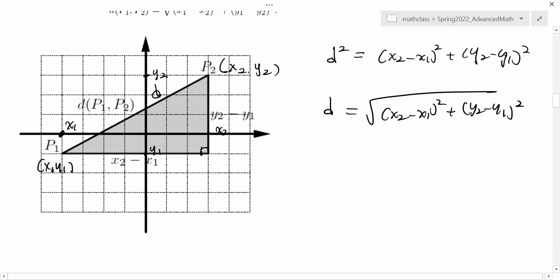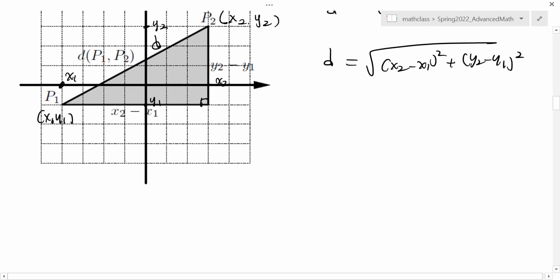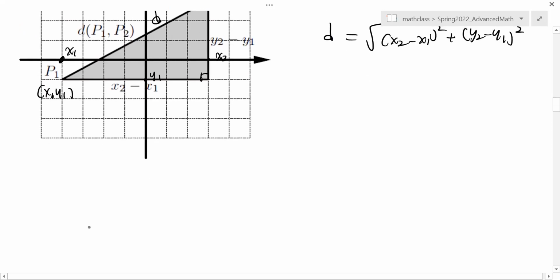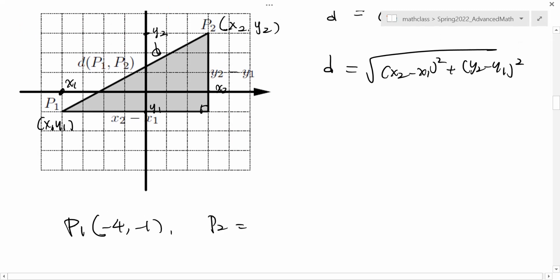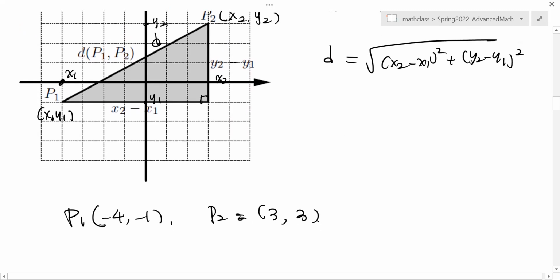The simple example is: what is the distance between the 2 points? In this case, P1 has coordinates -4 and -1, and P2 has coordinates 3 and 3.